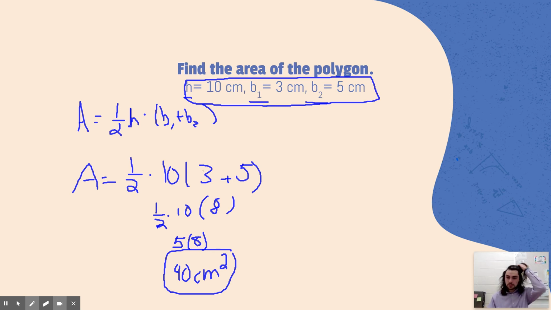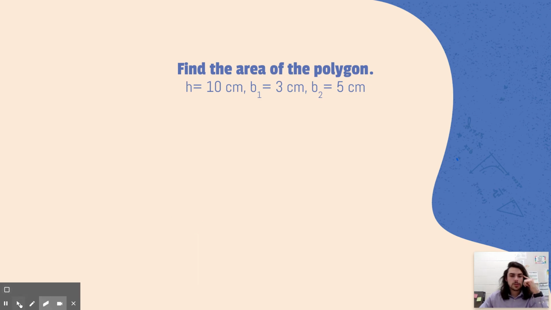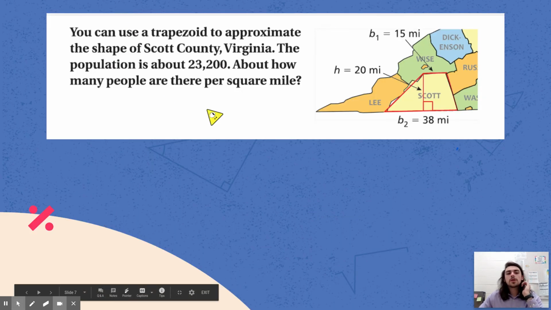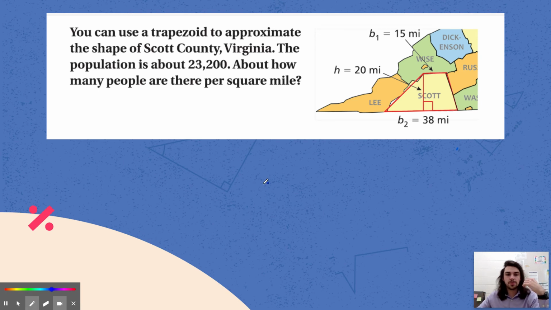All right. So let's move on to the next thing. Real life application problems. This is kind of a silly one, but not really. You can use a trapezoid to approximate the shape of Scott County in Virginia.